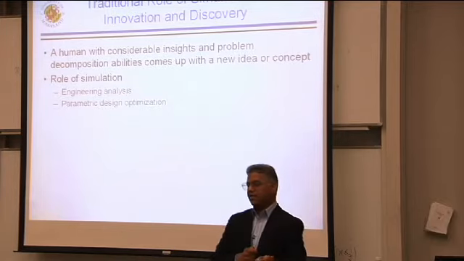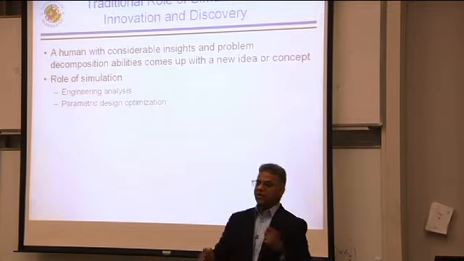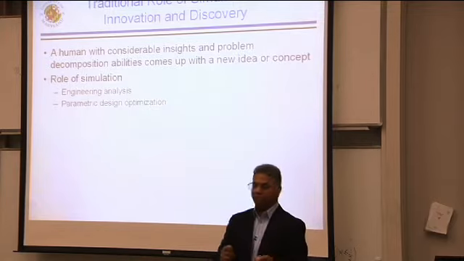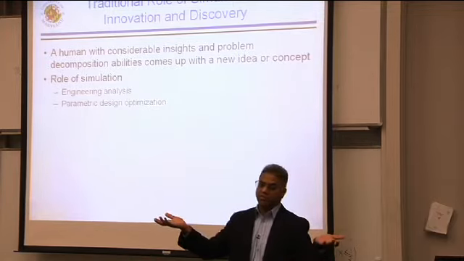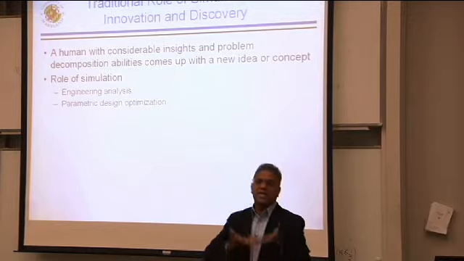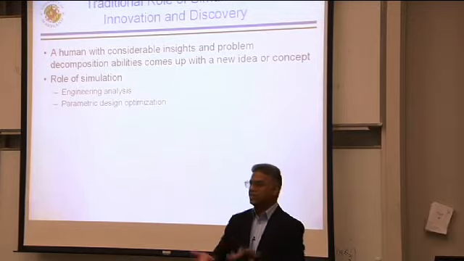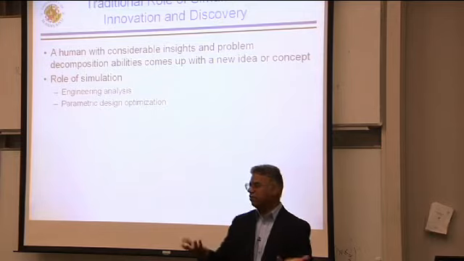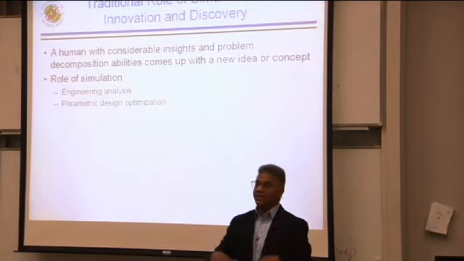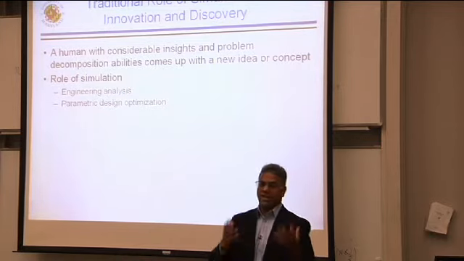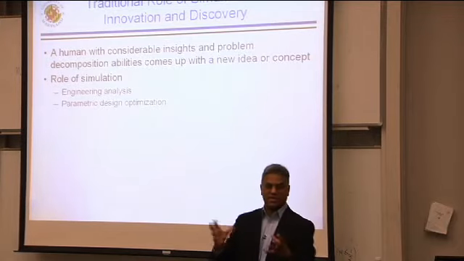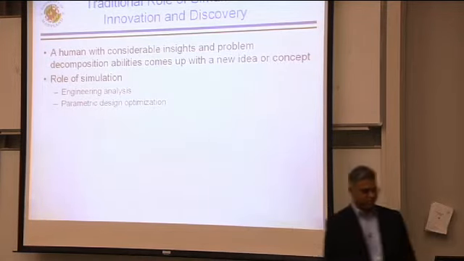You can start tweaking parameters and try to optimize whatever initial solution you have proposed. That's the traditional way people have been using simulation in the field of overall design, whether they're designing robots or mechanical structures or something else. So that's the traditional view of using simulation.